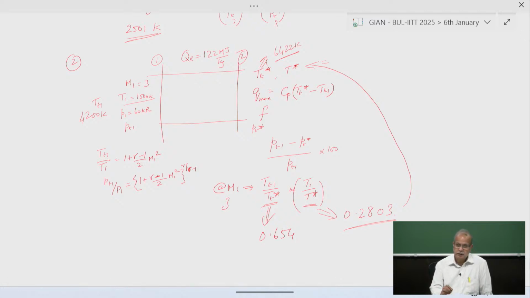T1 already given as 1500, divided by 0.2803. How much? 5,000 something? 5351.